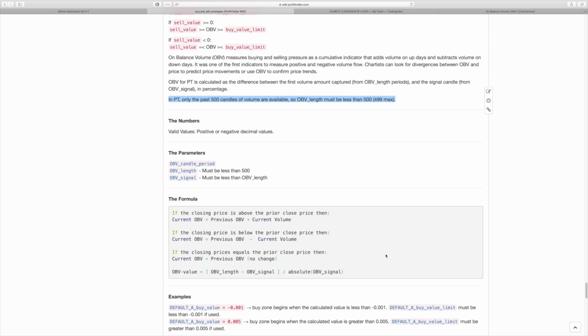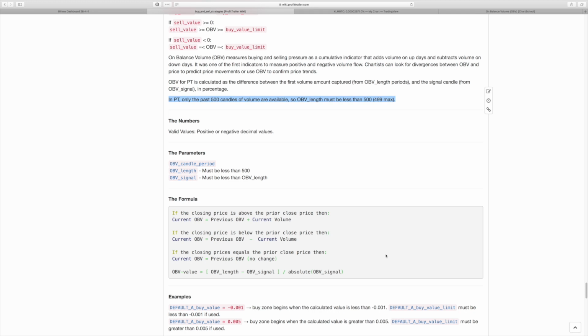So you can pick whatever signal and however many candles back to look. Say you're using an OBV length of 14, right? So 14 candles is what your length is, and you want to look back 3 candles to compare to your current candle what the difference in the on-balance volume was. Then your signal would be 3. Okay, so you're looking back 3 candles. That's all it means.